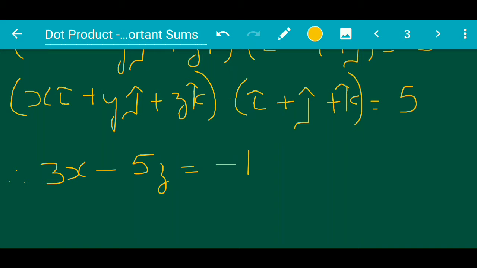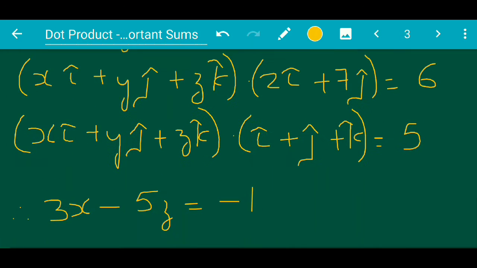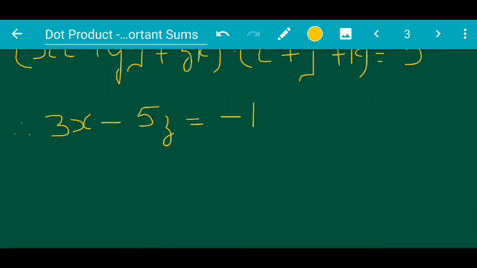Okay, and similarly in the second case, when you multiply the first bracket and the second bracket shown here, x is multiplied with 2, so 2x plus 7y, that is because j is given there, so 7y. Okay, k is not given, so z into 0 it becomes. So we have 2x plus 7y, which comes out as 6 as they have given.